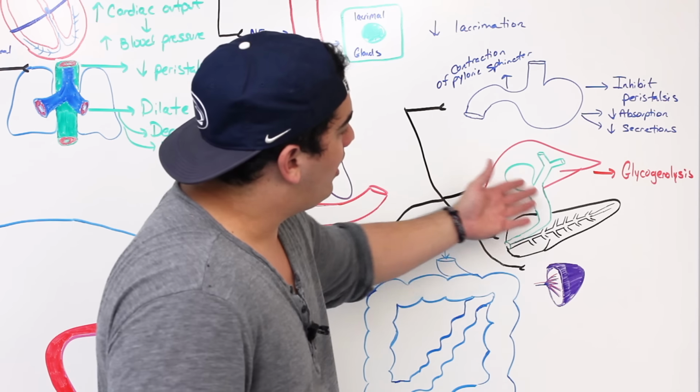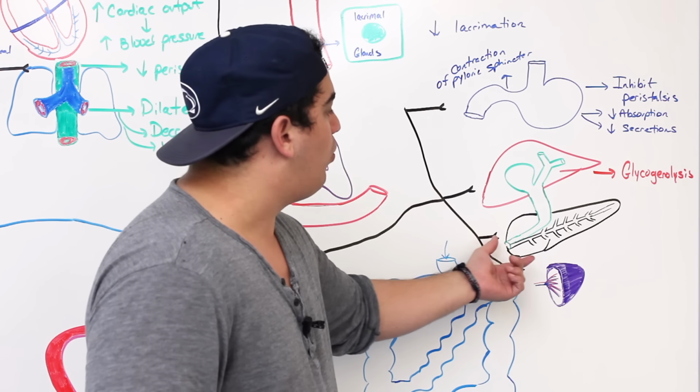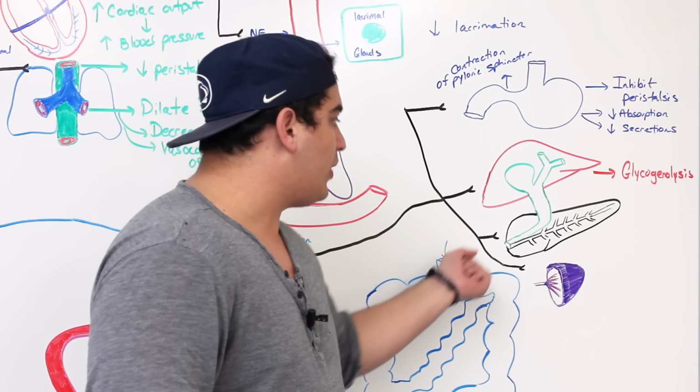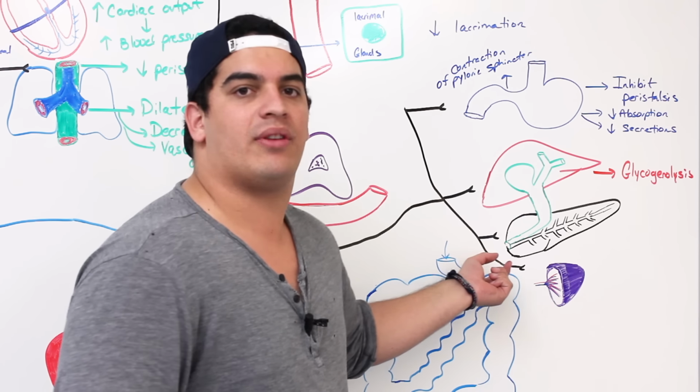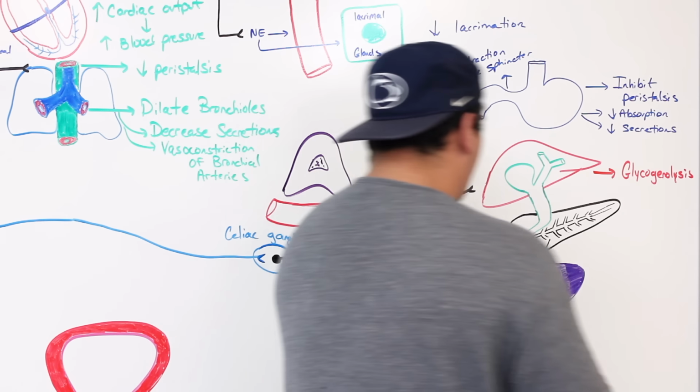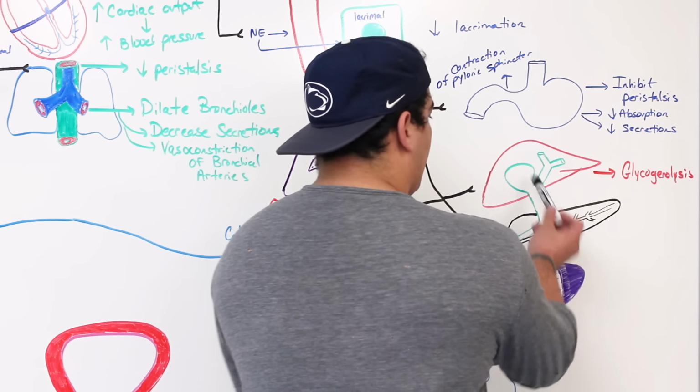All right, now the biliary tree here, you're not going to really want the actual gallbladder contractions to occur. You're not going to want to be able to release bile. You're not really focusing on emulsifying fats and digesting and absorbing lipids, right? So you're going to want to try to inhibit the biliary contractions, right?